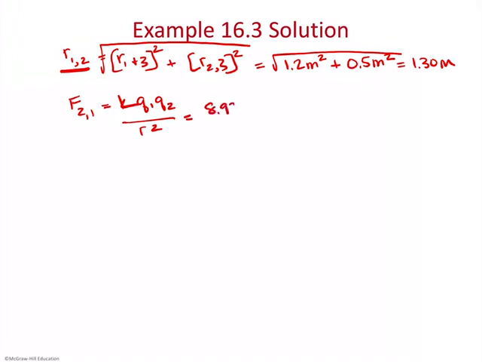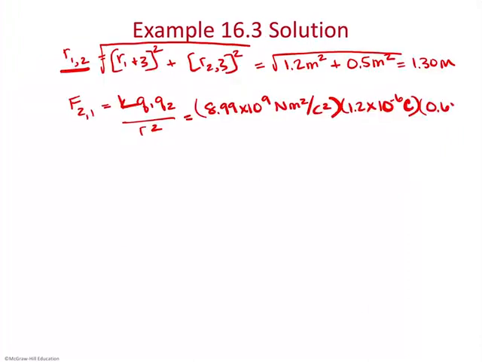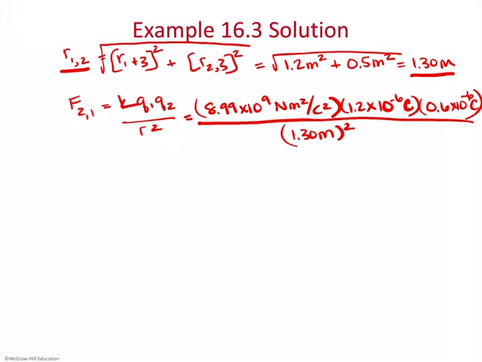What is k? k is 8.99 times 10 to the 9th newton meter squared per coulomb squared, times charge 1, which is 1.2 times 10 to the negative 6 coulombs, and charge 2 is 0.6 times 10 to the negative 6 coulombs, divided by that distance, 1.3 meters squared.